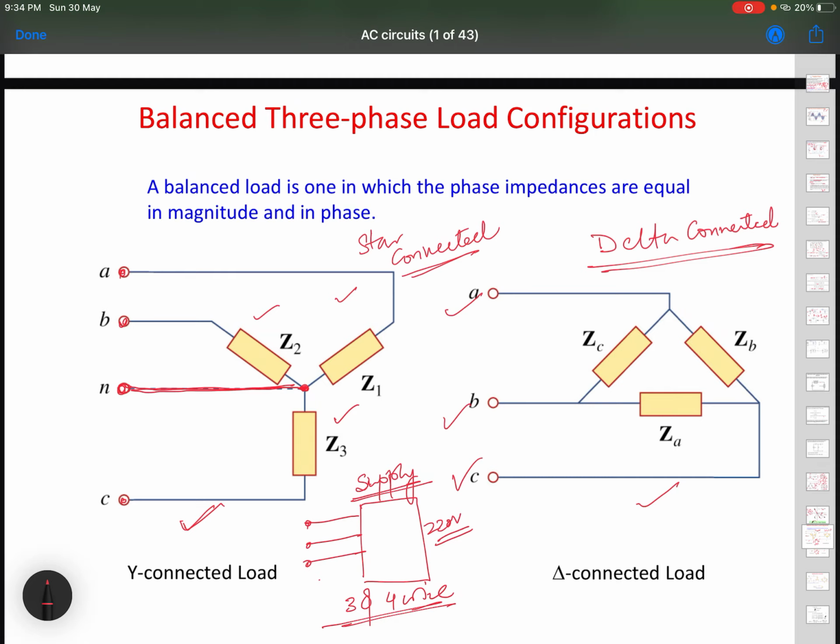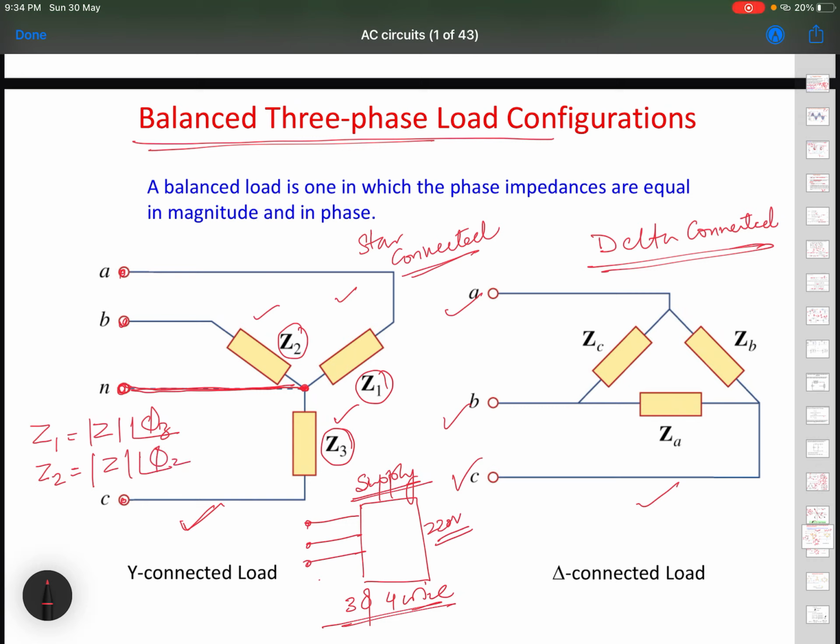Now when we say the loads are balanced, that means Z1, Z2 and Z3, all these three loads have the same magnitude and the same phase. Z2 is also an impedance having the same magnitude and the same phase.